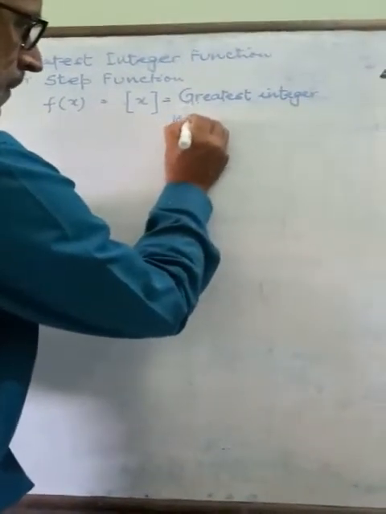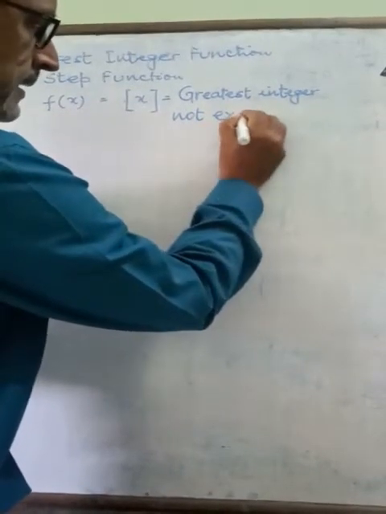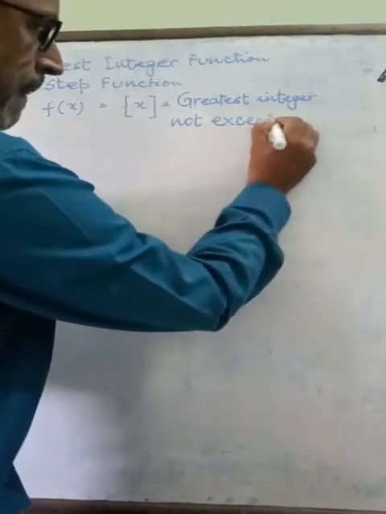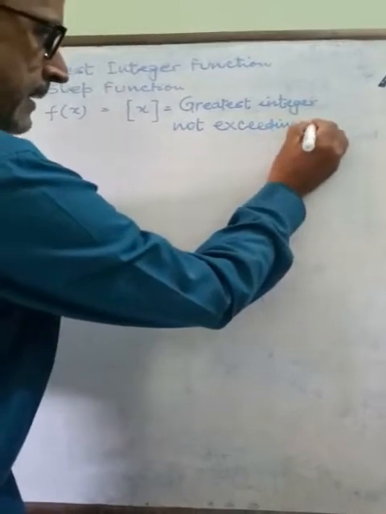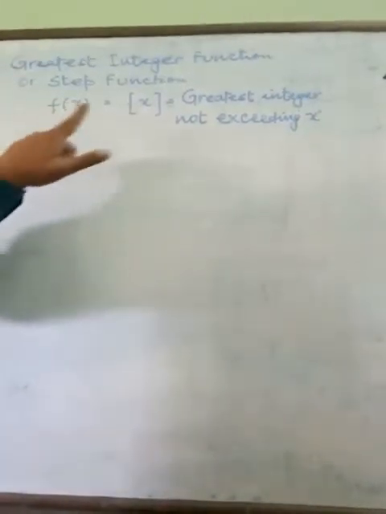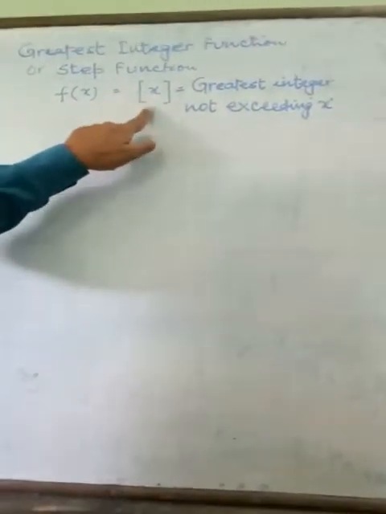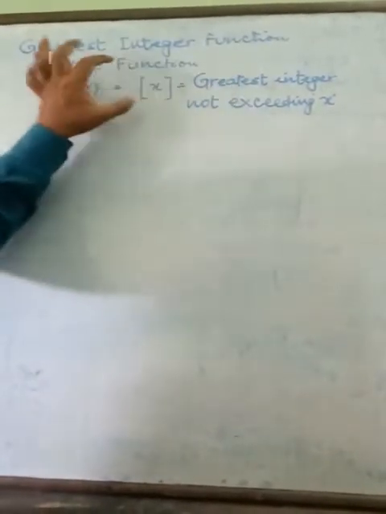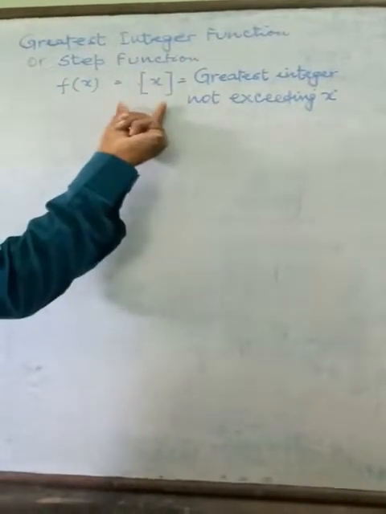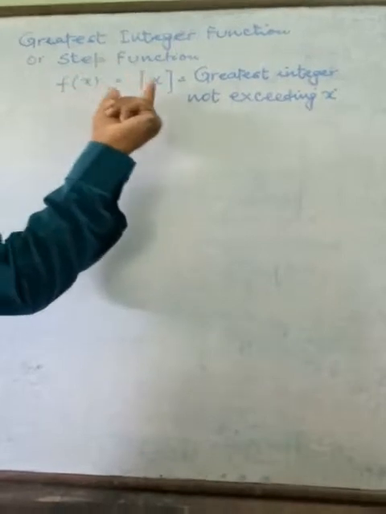Greatest integer function of x is represented by this one. Its value is not exceeding x.